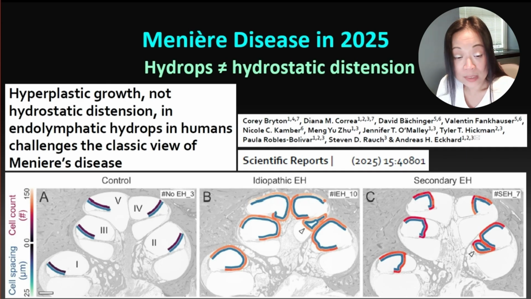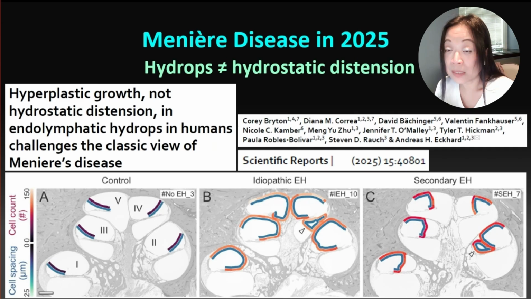Here, what it's actually showing is the cell spacing is exactly the same, but there are more cells. This speaks to a hyperproliferative process. There are actually more cells now in the lining than before. This argues that number one, it's not really distended and stretched out with the exact same number of cells on the surface. And number two, it's actually hyperproliferative.